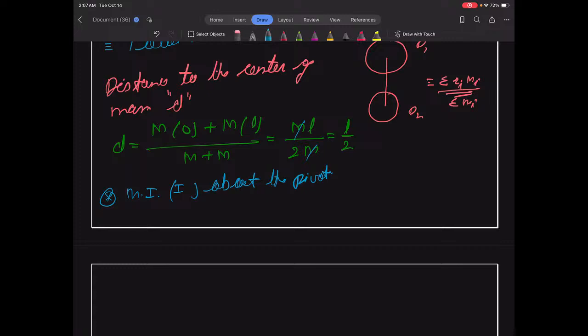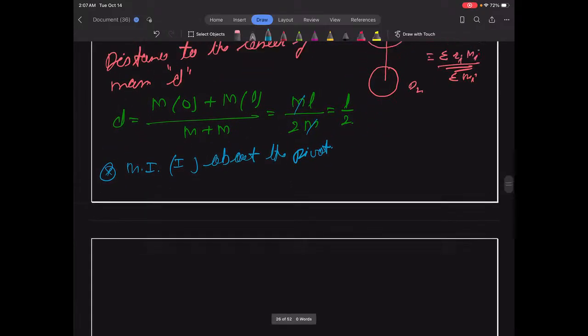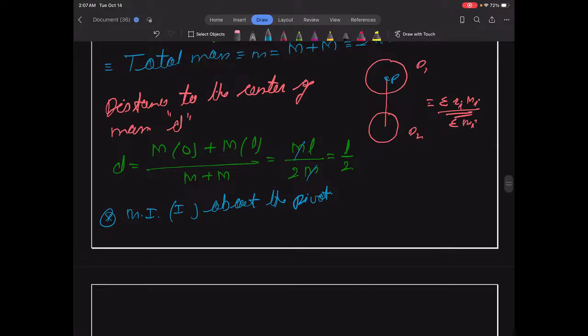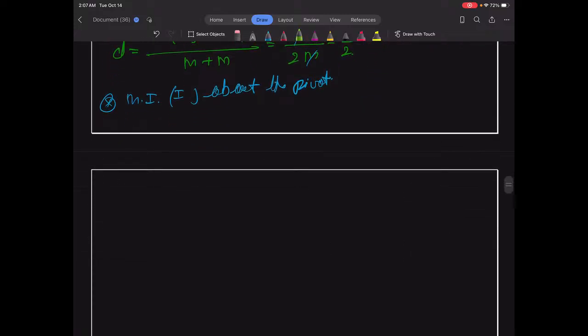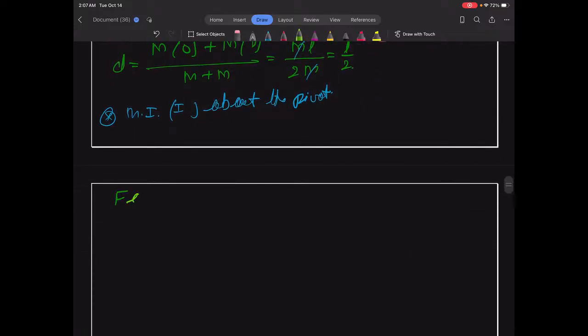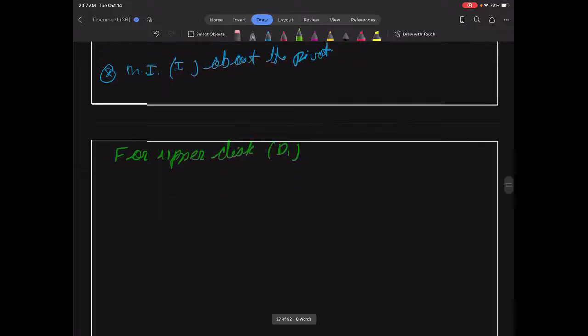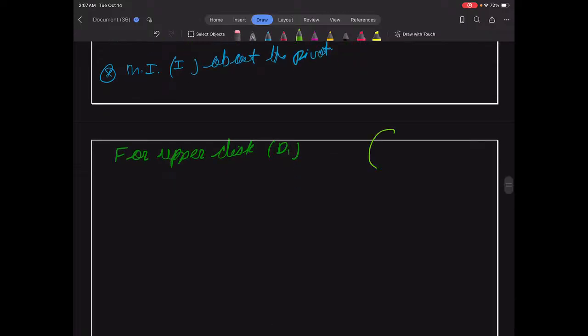Here we are having two discs, and one is an upper disc. Let me draw, this is our pivot point P. So for the upper disc, which is our D1, the pivot point is at a distance r from the center. This distance r is basically the radius of our disc D1, and its mass is m.